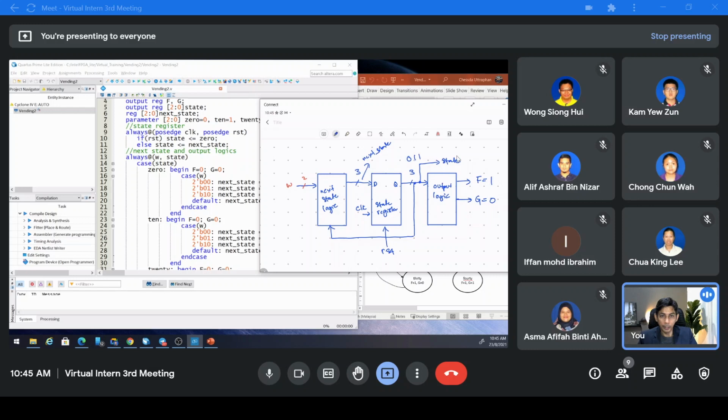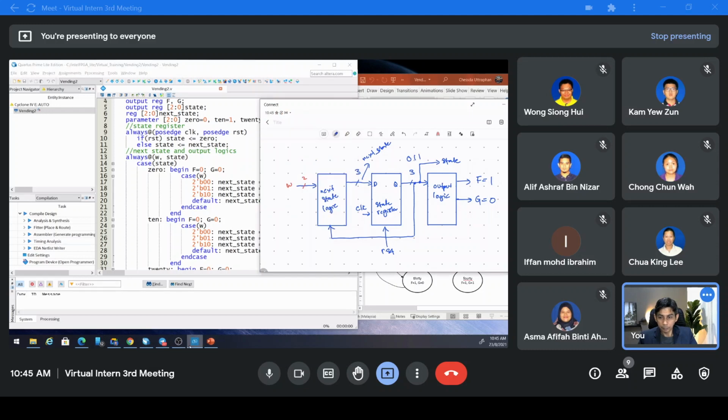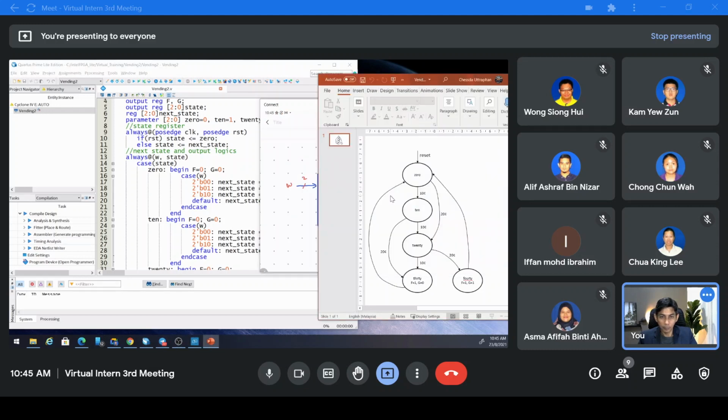Here, we refer to this because we have many states. If we are here, what do we want to do? What is the next action that we want to do? What is the output? And where to go next, right?